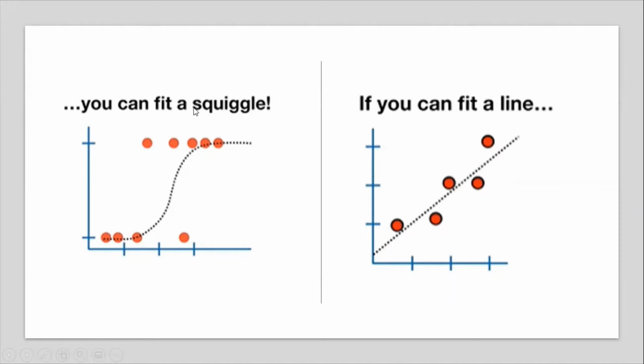But when the response variable is a categorical variable, you see the data are really separate, like a separate category for each level.